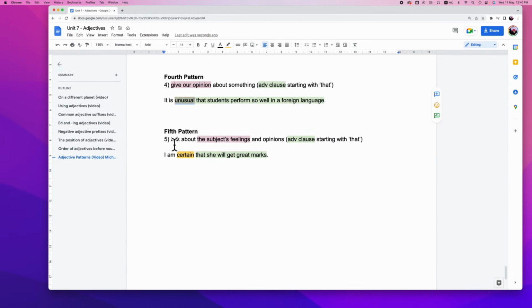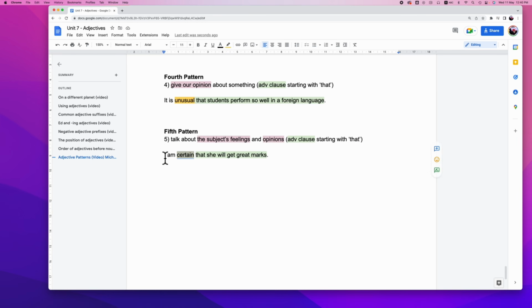Then the fifth pattern is used to describe the subject's feeling. Let's take a look. To talk about the subject's feeling or the subject's opinion, we use this pattern. Again, we use an adverbial clause, the color green, starting with that. But this time the focus is more on the subject's feeling or opinion. I'm certain.